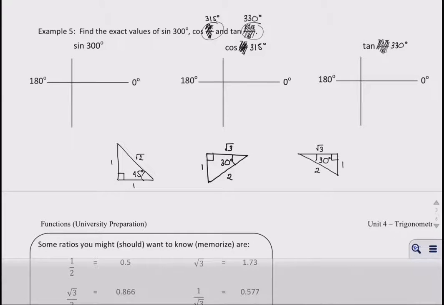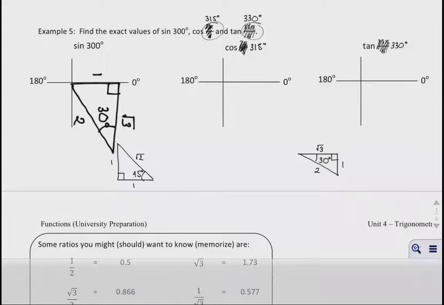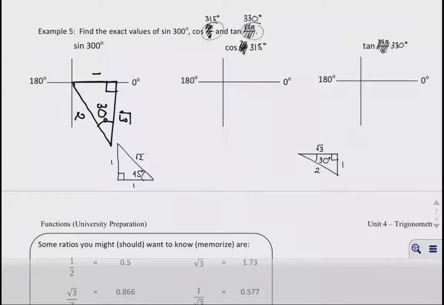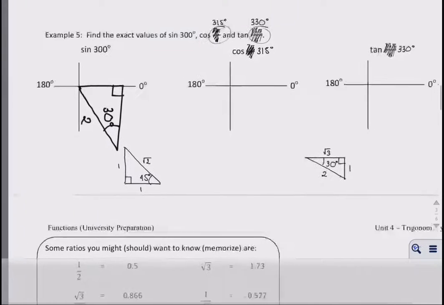So in this case, I'm going to use this triangle. I'm going to take it over here, rotate it so that it lies on the positive x-axis and the negative y part. Let me just relabel the sides so we can see what they look like.